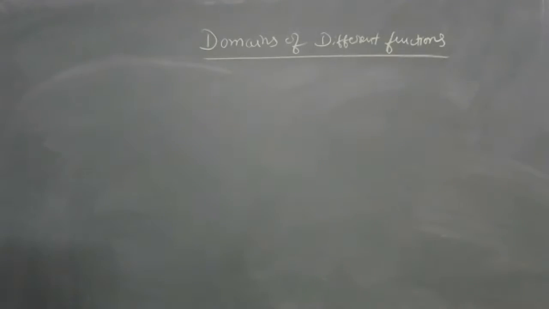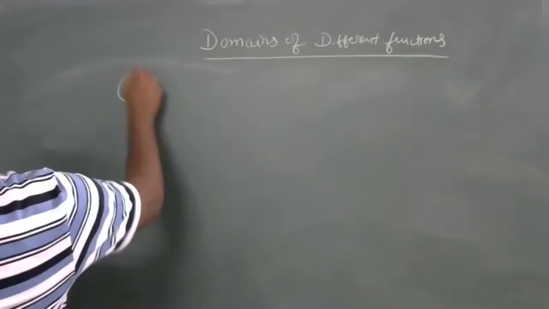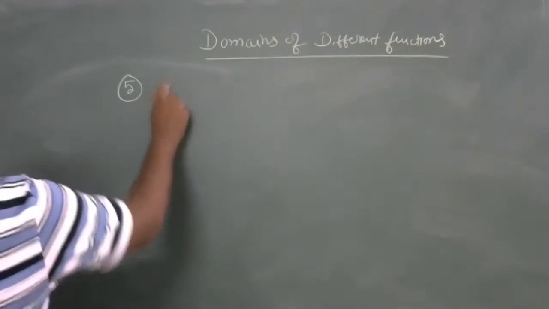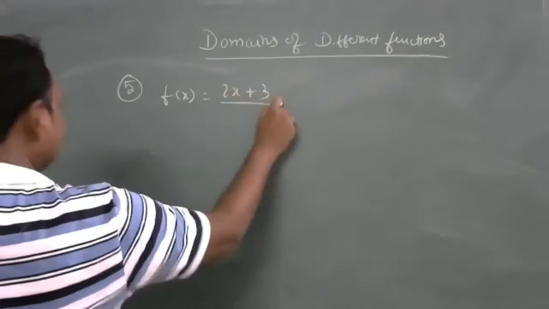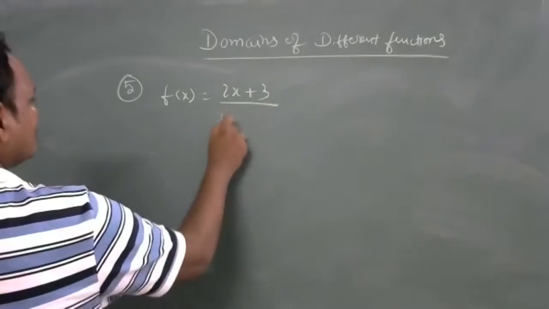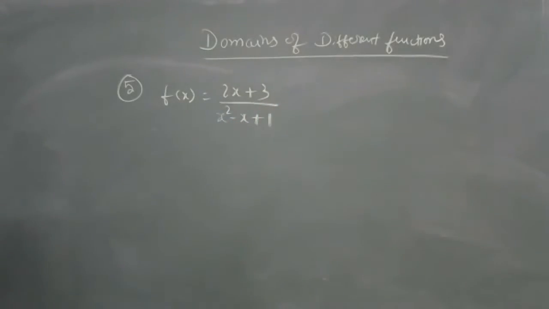Now you see, we have one more different kind of problem here. For example, the fifth one they have given here: f of x is equal to 2x plus 3 by x square minus x plus 1. What will be the domain of this function?